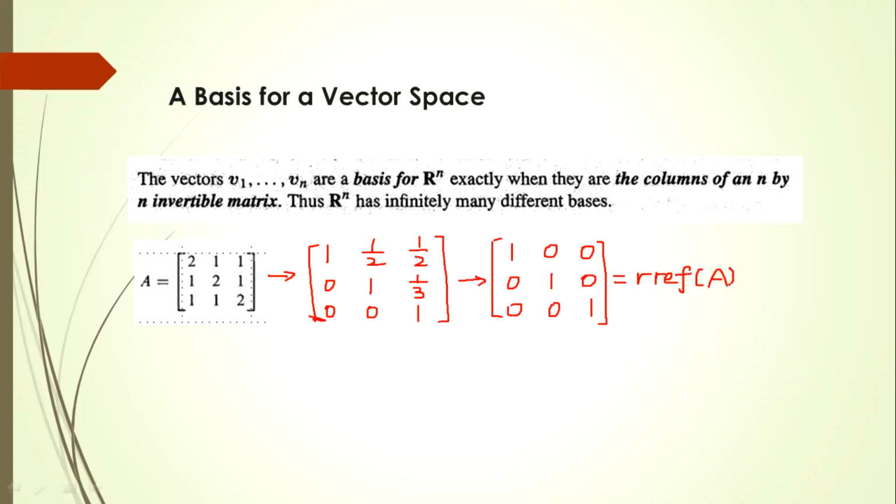Sometimes we call this matrix R; the textbook calls it matrix R. So here, matrix A and its RRE form are equivalent.